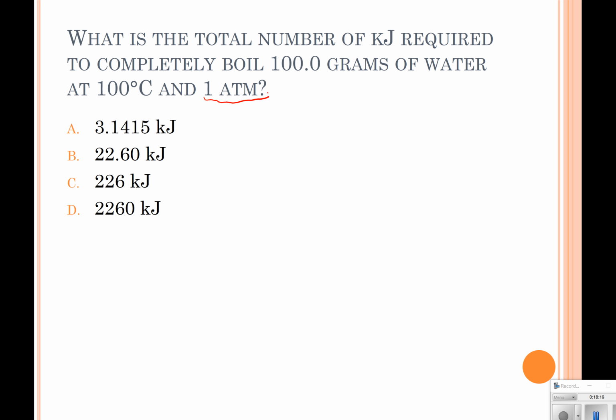So for this problem, we're looking for a total number of kilojoules, which indicate heat, which should direct you to table T on your reference table, required to completely boil. There's our phase change. 100 grams of water, which we know is a mass of water, at 100 degrees Celsius. Again, boiling point of water indicating phase change.